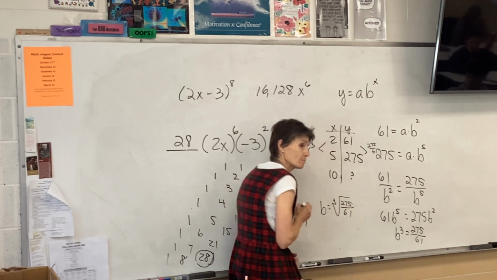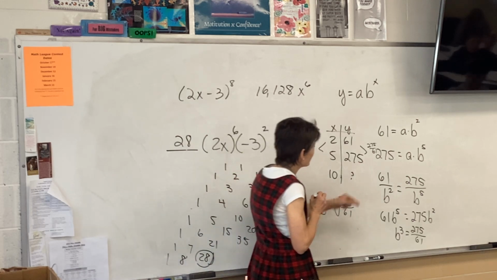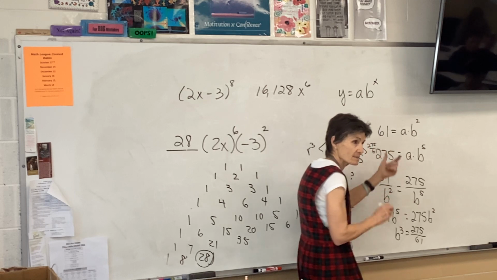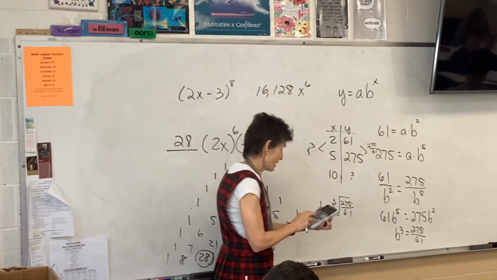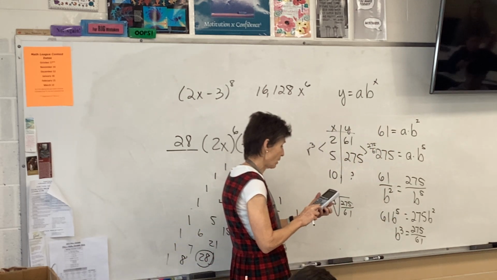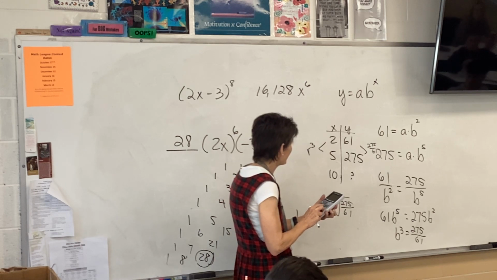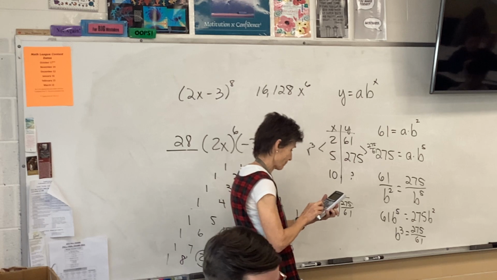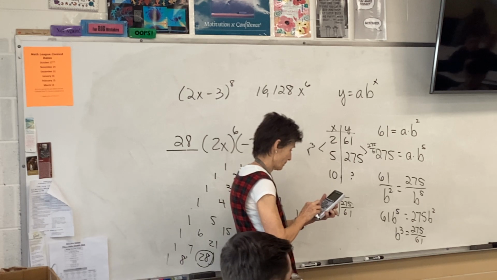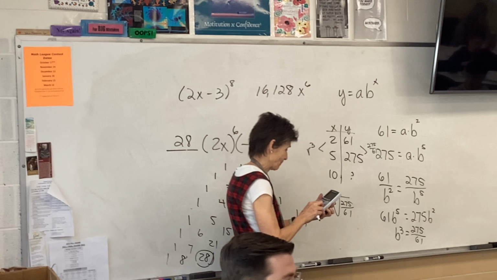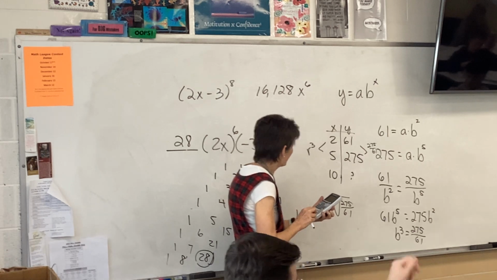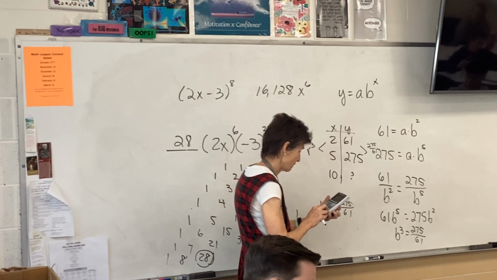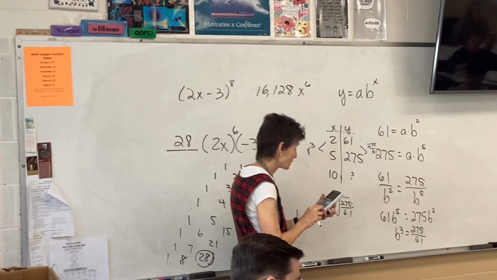So then I can come back up here and plug that in and figure out what my A is, okay? So my A would be 61 divided by the cube root of 275 divided by 61, squared.